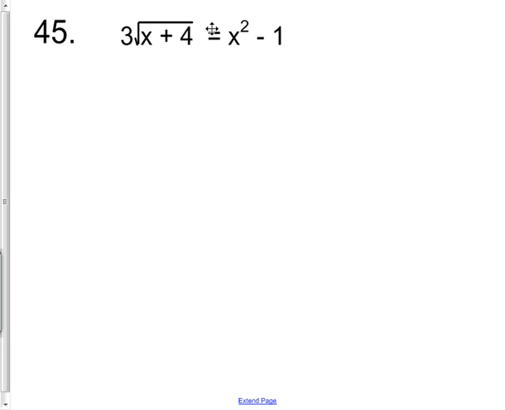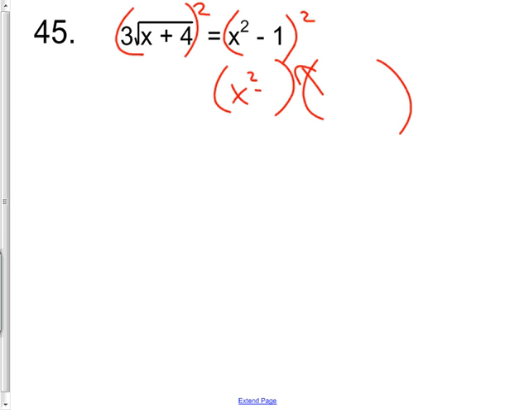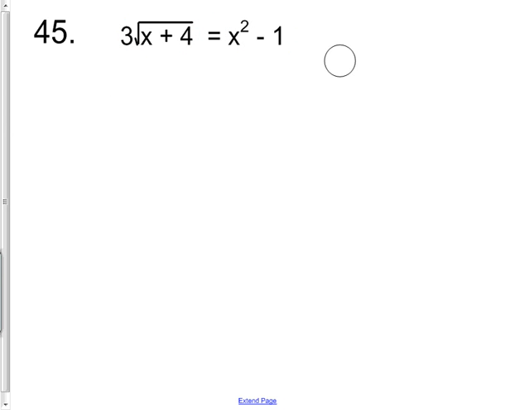First thing is, you could square everything, but the icky part is when you squared this side and you squared this side, then you'd end up with something really complicated over here. It wouldn't just be x to the 4th minus 2. It would be, you'd have to square it out by saying x squared minus 1 times x squared minus 1. Okay? Or you could do the square root of both sides to get rid of that square root. But in that case, we'd have to get the square root alone. So I'm going to start with that. I'm going to divide by 3 and show you how to do it that way.